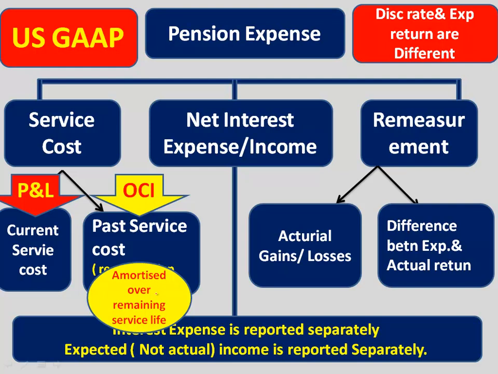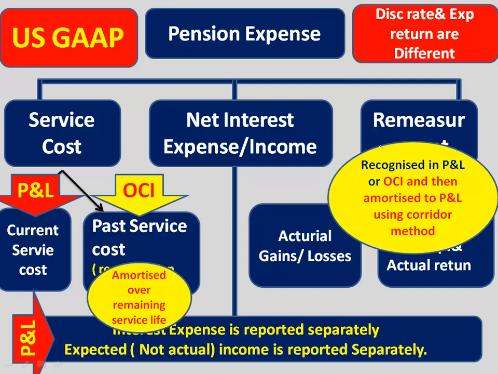There are two different types of amortization that happen in US GAAP. One is the corridor method and one is this direct amortization. Then this interest expense will go to your profit and loss account.